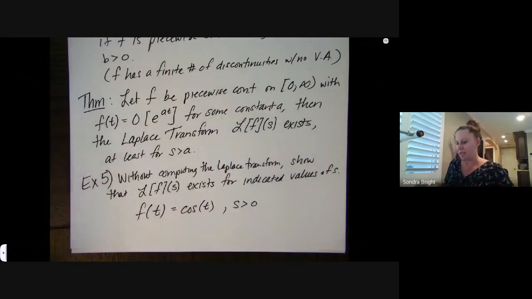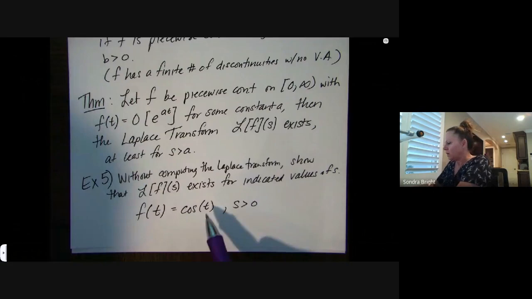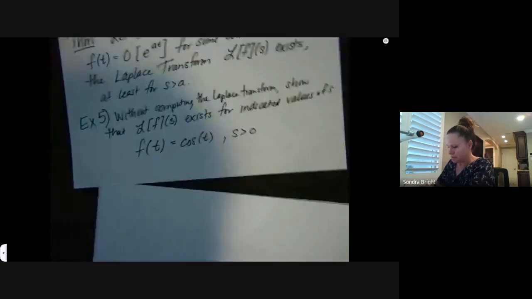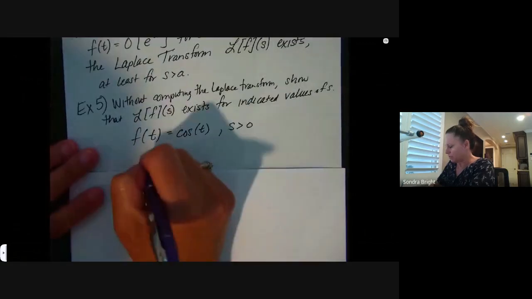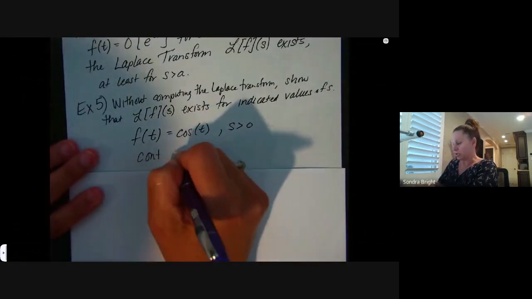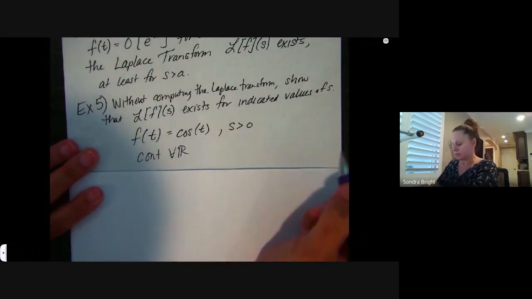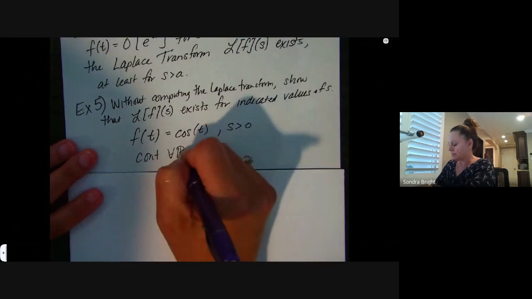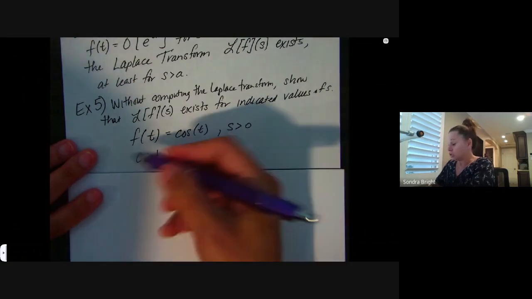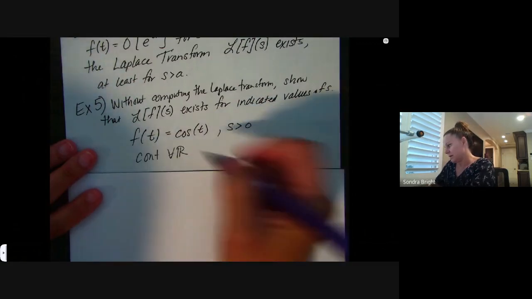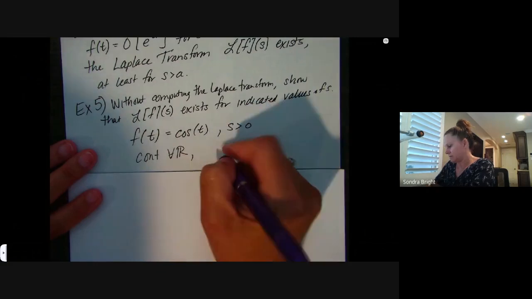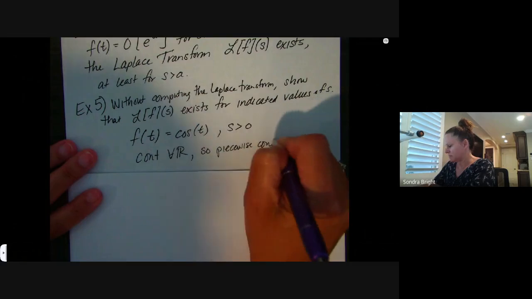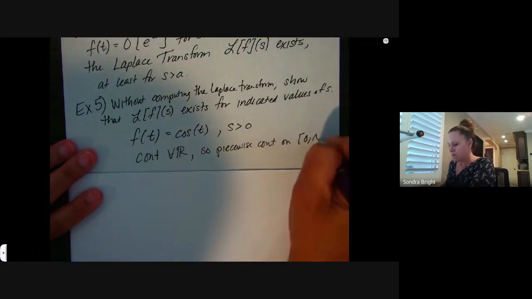Is cosine of t piecewise continuous? Well, cosine is continuous for all real numbers, not just on this interval from 0 to infinity. So it's continuous for all real numbers, and so it's definitely piecewise continuous on the interval from 0 to infinity. So yep, got that one.